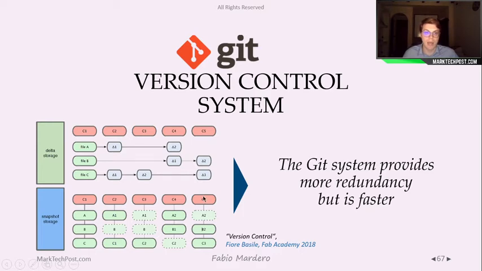While in the snapshot version control system, we just take the C5 snapshot and the C1 and compare them. That's why Git is very fast, and it also provides some mechanisms that reduce the redundancy.